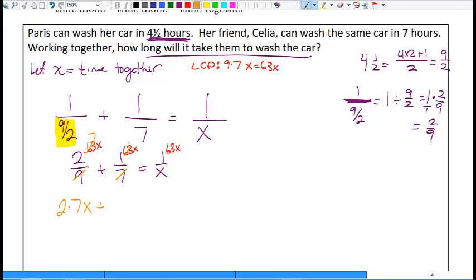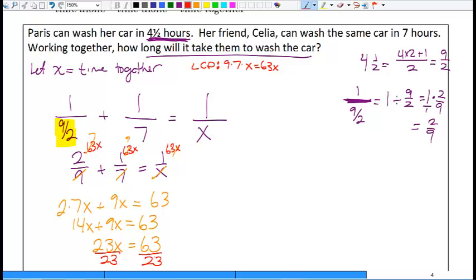The 7 and the 63 divide out to 9, so that's 9x. And then the x's divide out, and that's just 63. So we have 14x plus 9x is equal to 63. When I add these two together, I'm getting 23x equals 63. And then I divide both sides by 23.